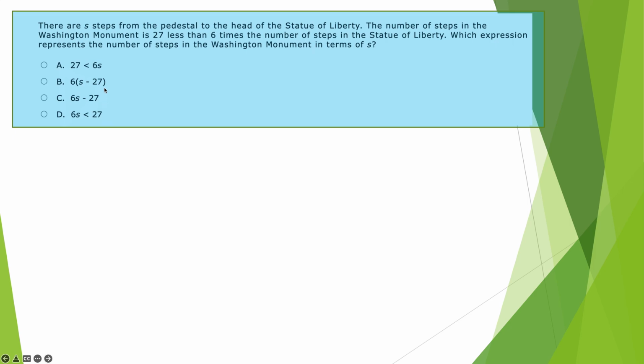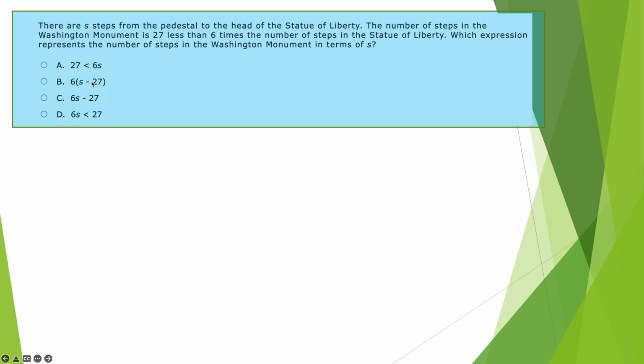So the question is, well, let me read through the beginning of the problem for you. There are S steps from the pedestal to the head of the Statue of Liberty. The number of steps in the Washington Monument is 27 less than 6 times the number of steps in the Statue of Liberty. That's an enormous number of steps, which represents the number of steps in the Washington Monument in terms of S. So it's 27 less than 6 times the number of steps.